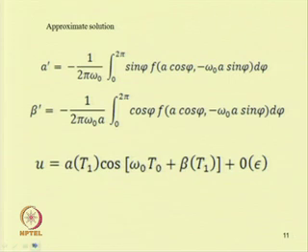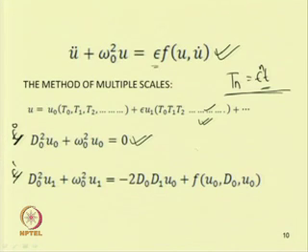So, those reduced equations can be written in this form. So, these are the reduced equations. The solution of u0 is written in this form, u0 equal to A e to the power i omega 0 T0 plus A bar e to the power minus i omega 0 T0.